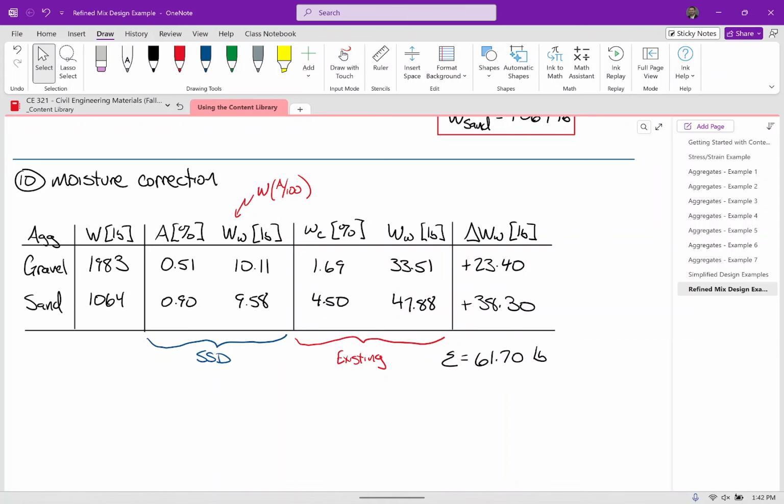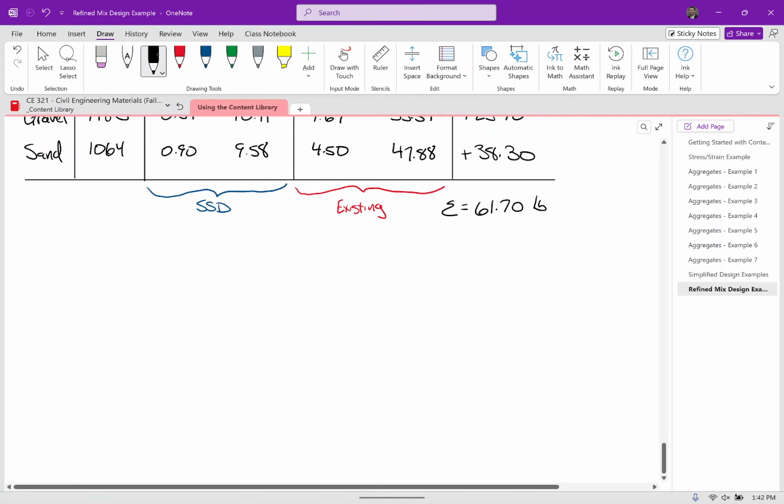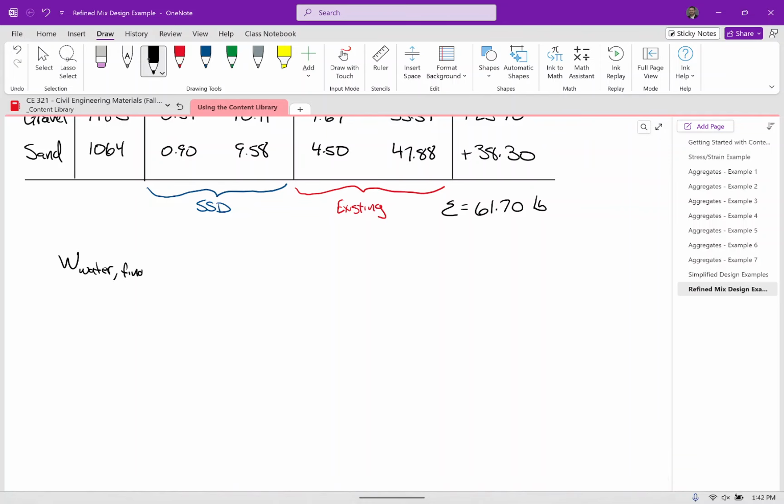So what I am saying is that our weight of water final is our weight of water initial minus delta W. In other words, this is 250 pounds minus 61.7 pounds, which is what? 188.3.